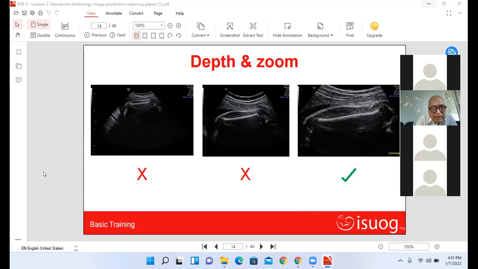Actually, our region of interest is only the femur. So why do we go to higher depth? We always decrease the depth to bring the object of our interest to the mid part and enlarge it. This will also enlarge the object. Next slide, please.